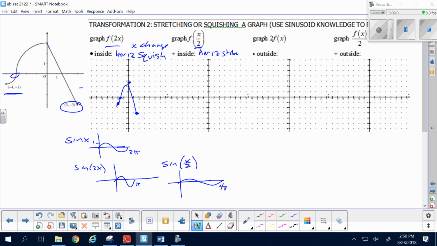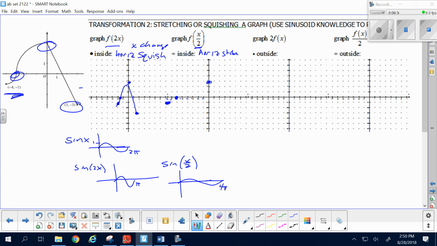Horizontal stretch in the next one will take every x value, and instead of halving it, it'll double it now. So at this point, instead of negative 4, negative 1, it'll now be negative 8, negative 1. This guy that was negative 3, 0, now is going to be negative 6, 0 if I change the x. 0, 3 stays 0, 3.